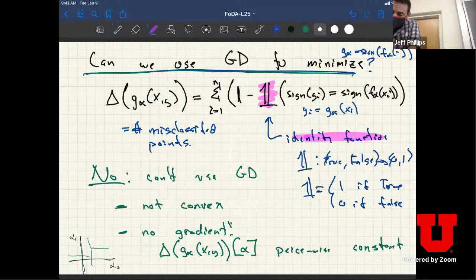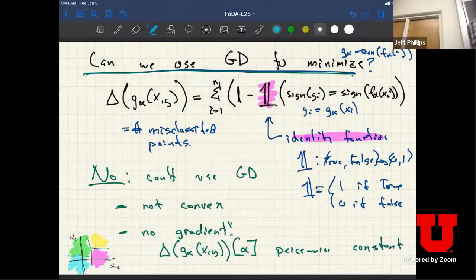But you're going to have these regions where it's constant in this region, and constant in this region. Each of these regions has a constant number of misclassified points. So if I move the alpha parameters a little bit, I'm not going to change the result of how well I'm doing.